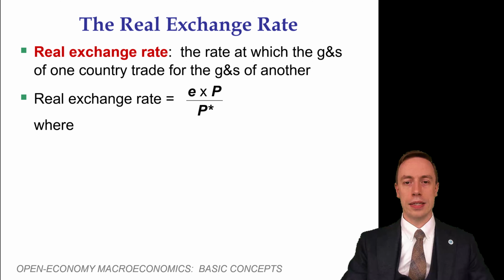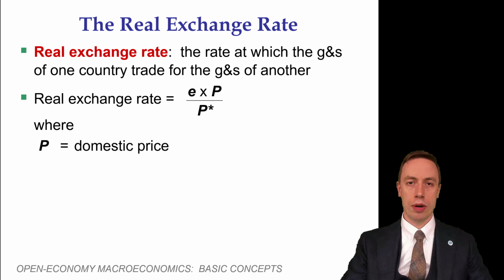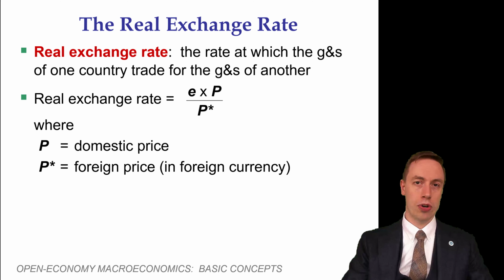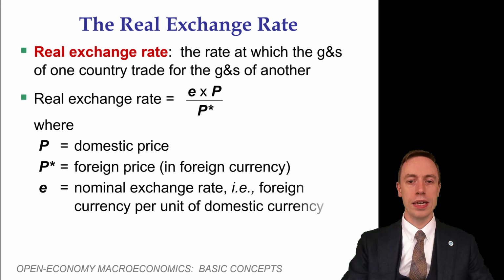So what we're looking at in this formula is the domestic price of a product being represented by P, the price of the same product abroad in the foreign currency using P star. And E, that's our symbol for the nominal exchange rate that we've just learned about. E times P over P star. Let me run you through an example.